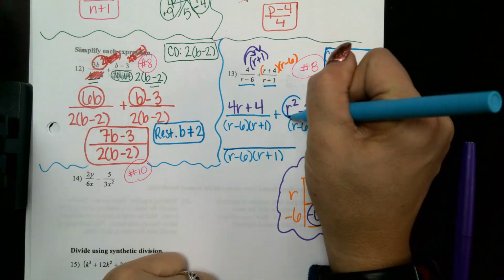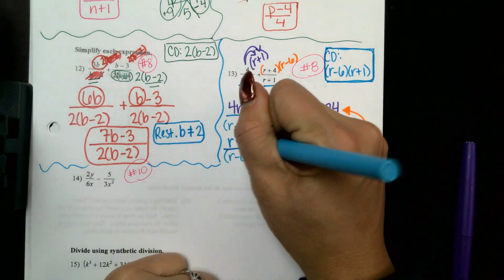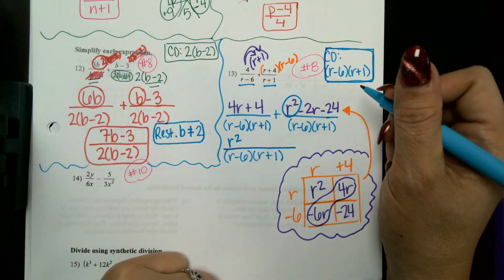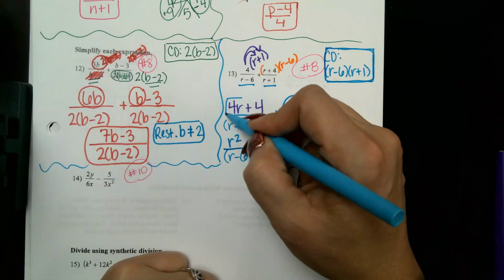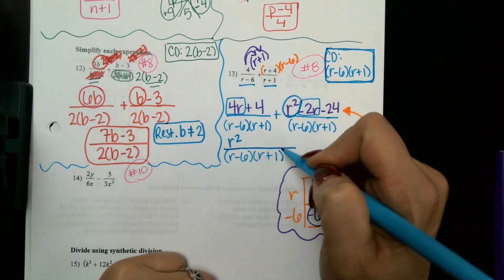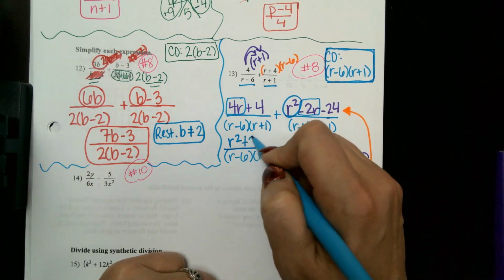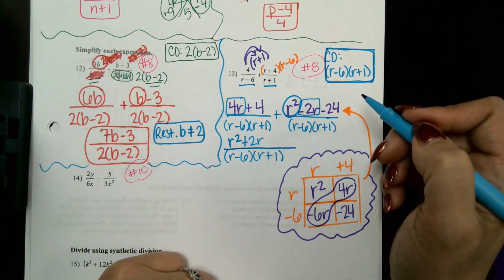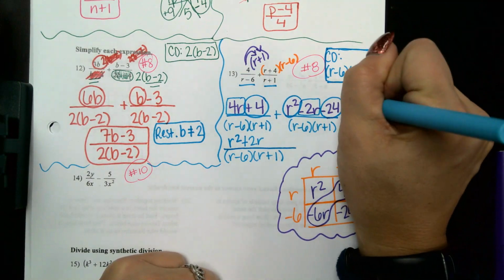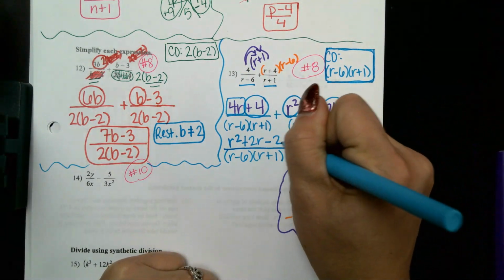R squared is by itself. It doesn't have anything to pair up with. Now what about 4r plus negative 6r? Negative 2r. And then positive 4 minus 24. Negative 20.